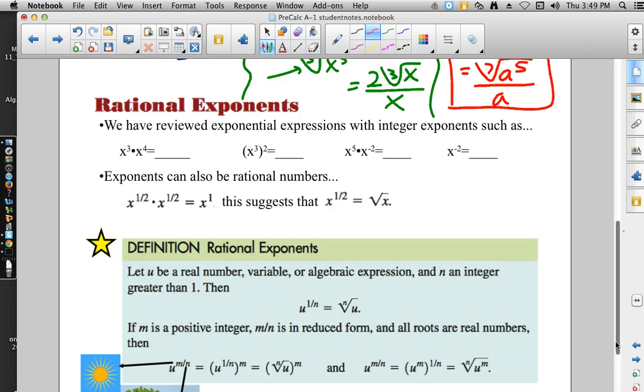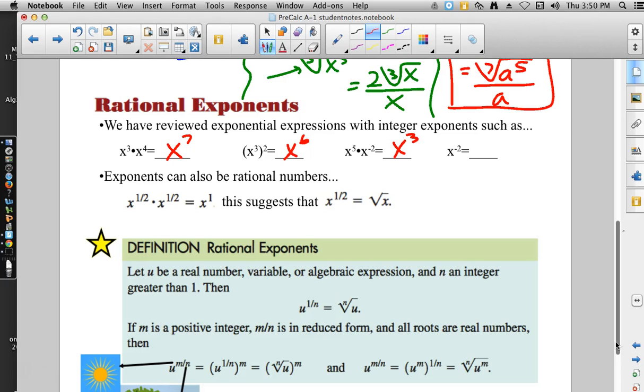We've reviewed exponential expressions with integer exponents, such as x to the 3rd times x to the 4th, and we know we add the exponents. When you raise a power to a power, you multiply the exponents. When you multiply similar bases, you add the exponents.